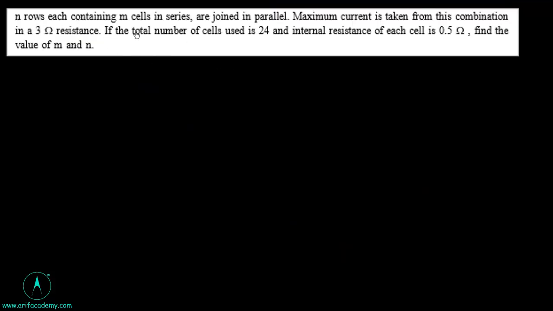N rows, each containing M cells in series, are joined in parallel. Maximum current is taken from this combination in a 3 ohm resistor.